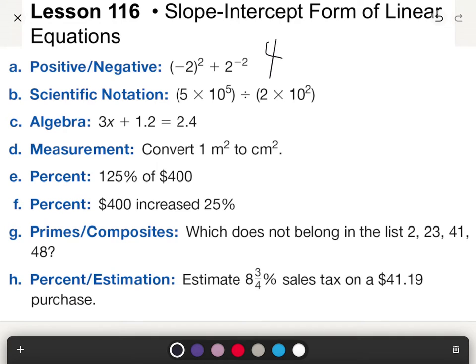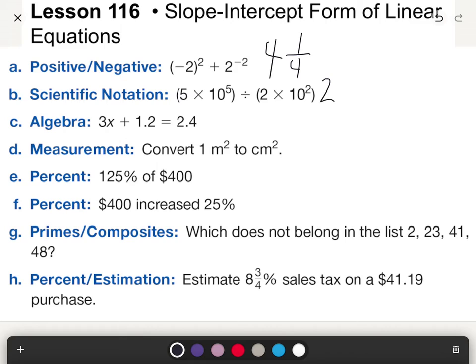And then remember, we've been working a lot with the number 10 as in our scientific notation. But do keep in mind that the negative exponent does just turn this into a fraction. So this is the equivalent of 1/4. So 4 and 1/4. In scientific notation, we are dividing this time.